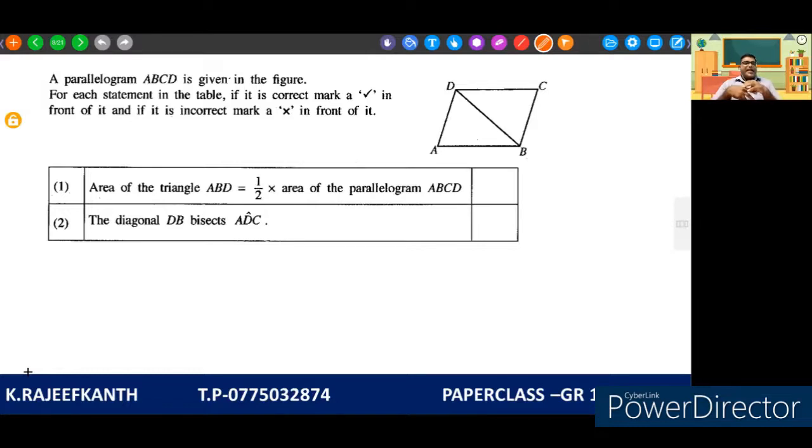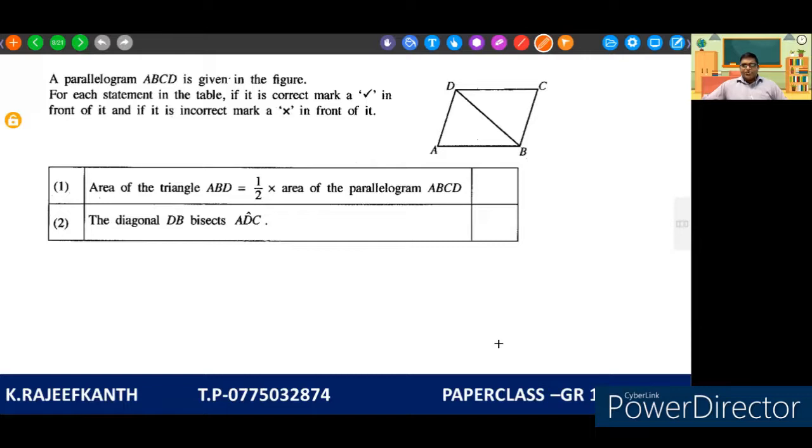Area of the triangle ABD equals half into area of the parallelogram ABCD. The second statement is the diagonal DB bisects angle ADC.